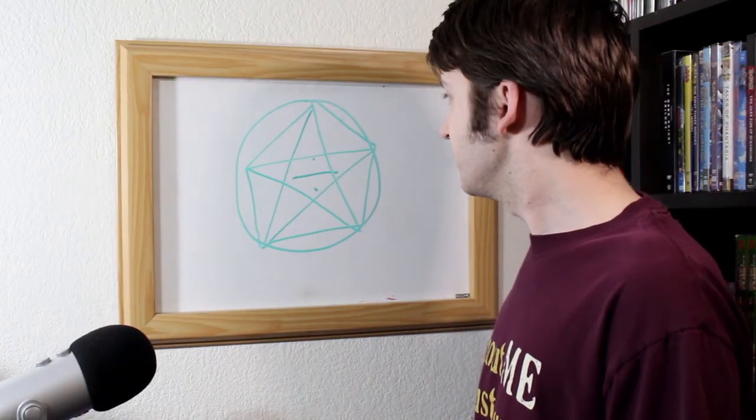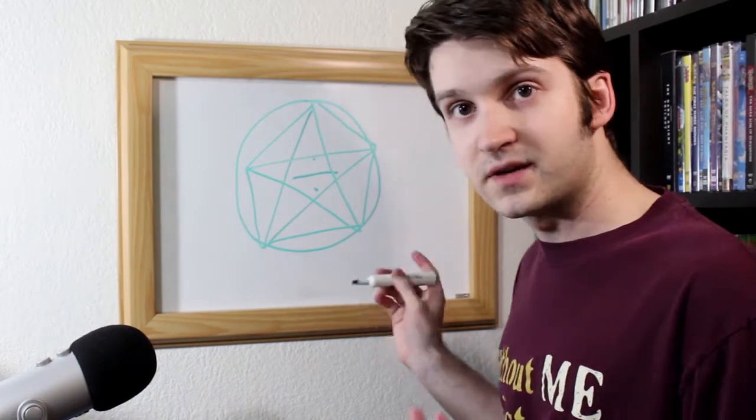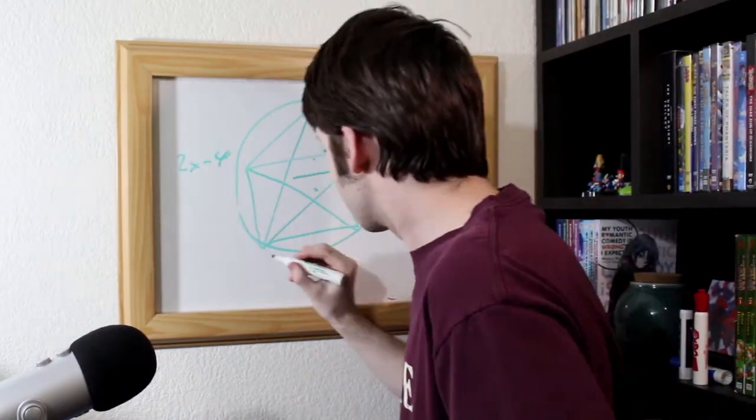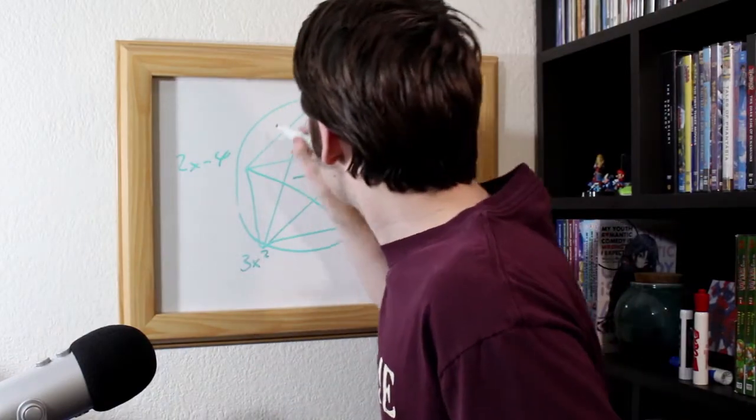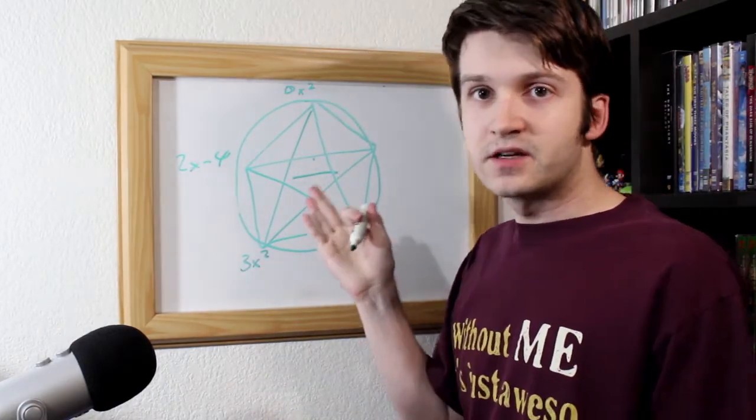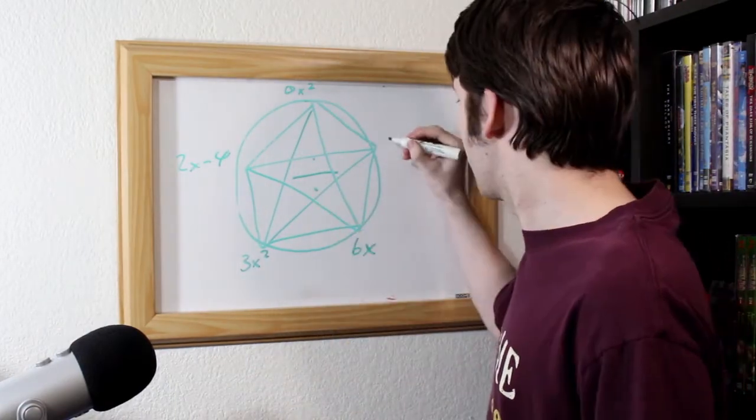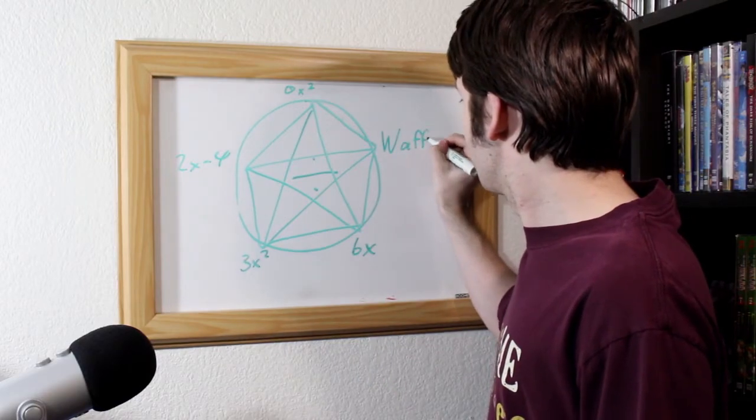So if we put all the numbers, because that's how it works, right? So it was what? 2x minus 4, 3x squared, 6x, 0x squared. And for good measure, in order to add luck, we add in a waffle.